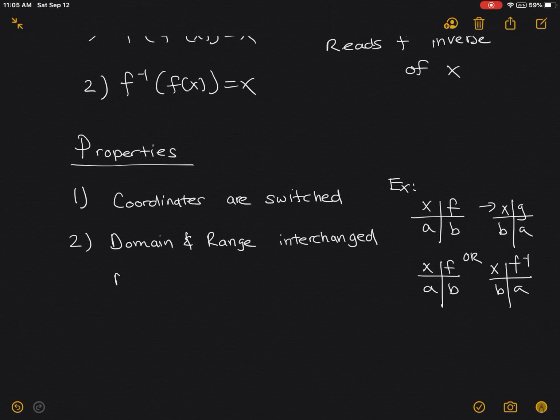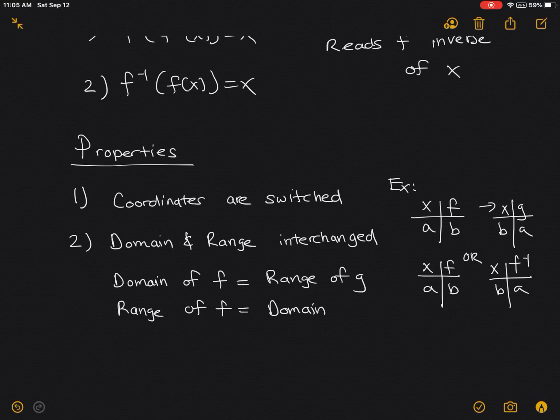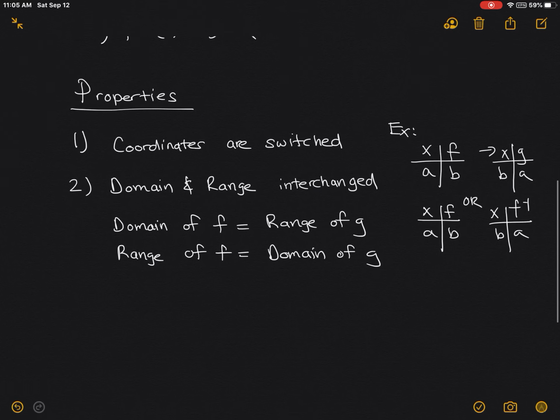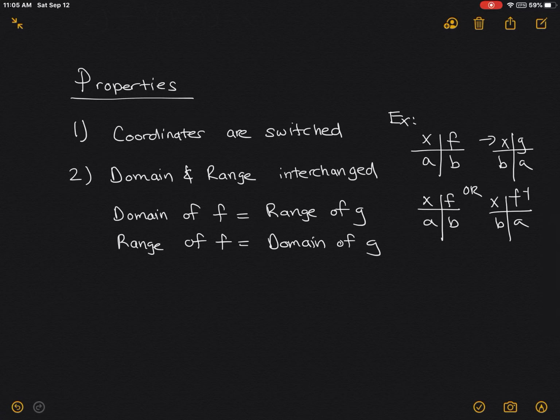Okay, so I'm going to use a different vocabulary word here. Interchange instead of switch. What does that mean? It means that the domain of f is equal to the range of g, okay, assuming that f and g are inverses, and then the range of f is equal to the domain of g.